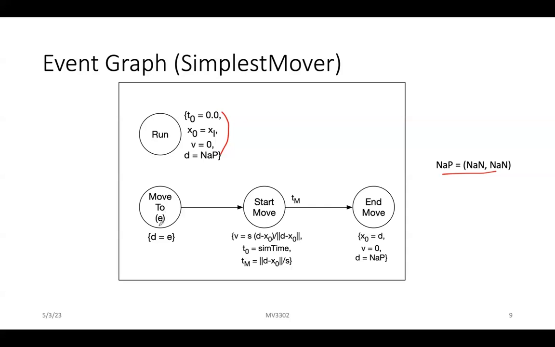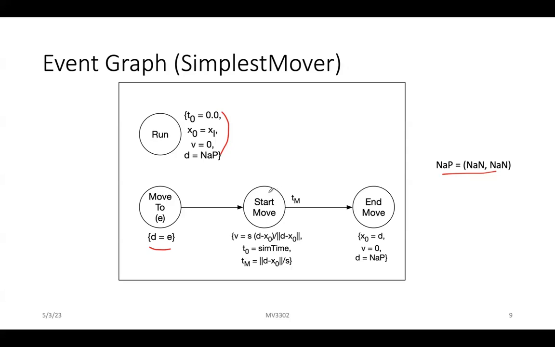And so when I say move to this, what am I going to do? I'm going to set my destination, my current destination, to that location that was passed in as an argument. And you know, just to keep things as simple as possible, I just have it scheduling a start move event.